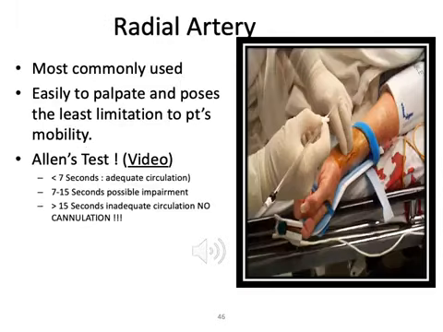Again, the radial artery is the most commonly used because we can easily palpate it, there is less limitation to the patient's mobility, it is accessible, and there is no contamination, plus there is collateral circulation through the ulnar artery. This gives more credit. We need to do the Allen test, which you know, before inserting a radial arterial line.